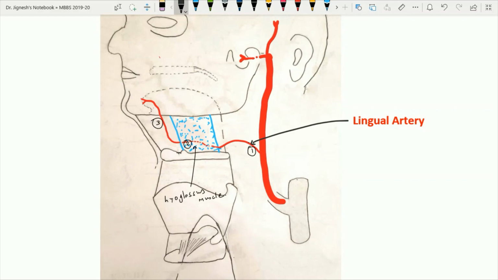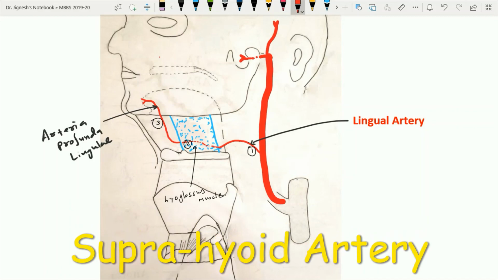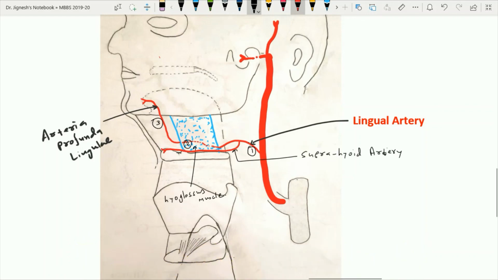And out of these three parts, the third part is also called the arteria profunda linguae, and this is the deep lingual artery. This lingual artery provides three sets of branches, and the first one is the suprahyoid branch, which is from the first part of this lingual artery, which reaches up to the midline and anastomoses with the opposite fellow of the same artery.